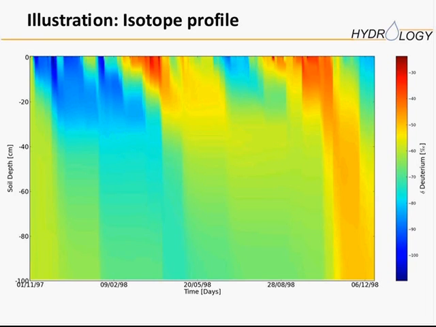A certain heavier or lighter water will be taken up, and only under certain conditions will the water be able to move lower, leave the root zone, and then this is at the end the groundwater recharge at a certain isotopic composition.